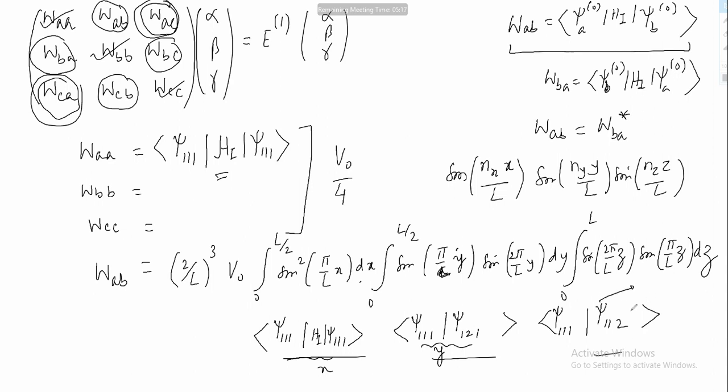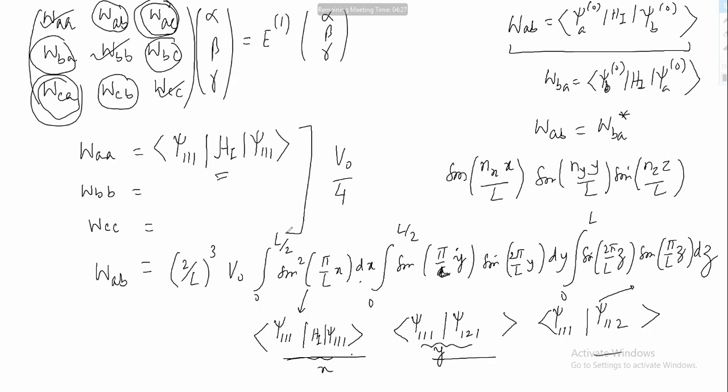And this is what I have written here: for this part, simply the wave function is square root 2 by L sine pi by L into X. This will have both sine pi by L into Y and sine 2 pi by L into Y, and this will be for sine pi by L into Z and sine 2 pi by L into Z. This will be for the region 0 to L, this will be for the region 0 to L by 2, and this will be for the region 0 to L by 2.